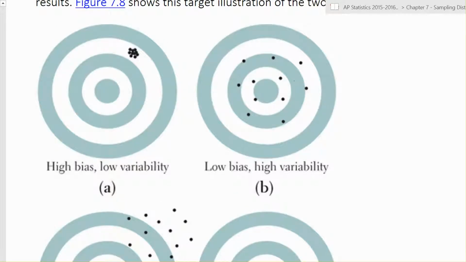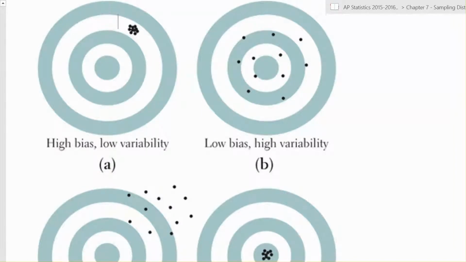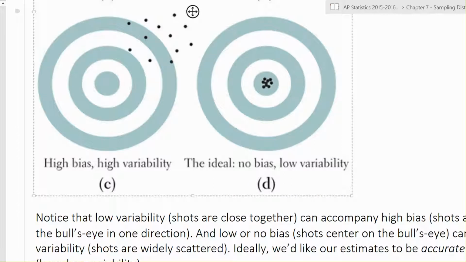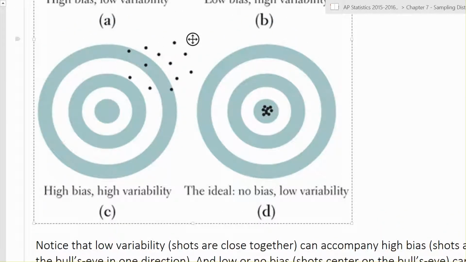Notice that the estimates, symbolized by darts, are all more or less centered around the true target, but they're not very consistent. Then we have the worst case scenario, which is high bias and high variability. The estimates are consistently different from the truth, and there's a lot of error.